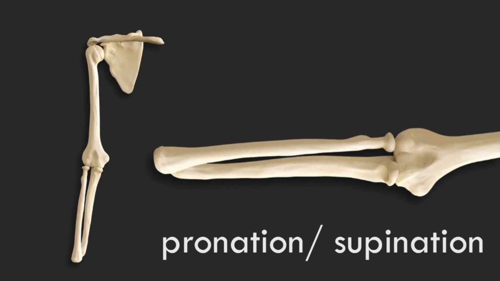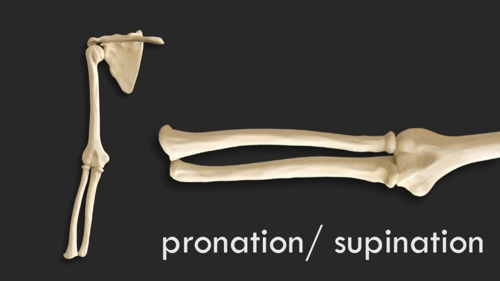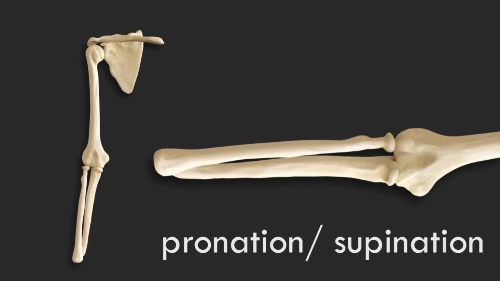Ulna and radius allow different movements such as pronation and supination.